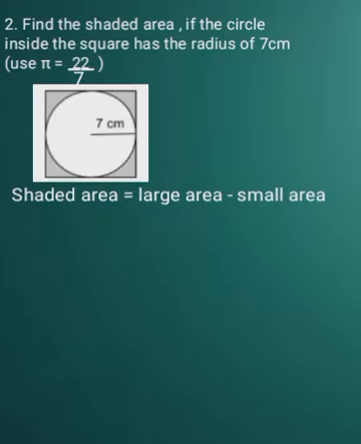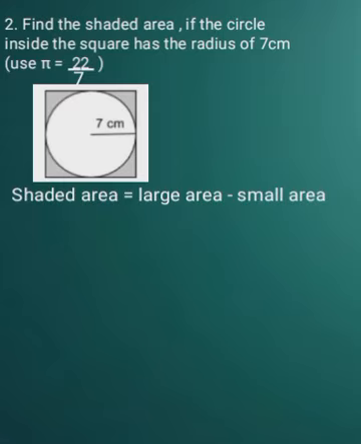Here the large area is the area of the square. The square is larger, simply because the circle is inside the square. So you take the larger area minus the smaller area, and you'll get the shaded area. So here you'll find the area of the square.